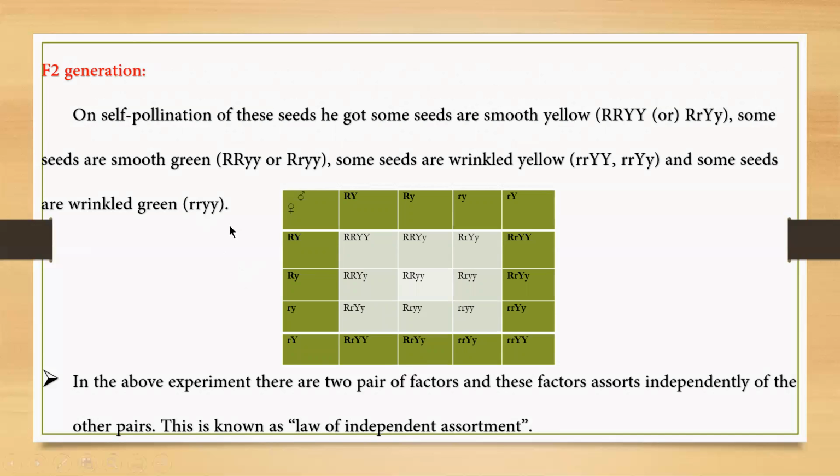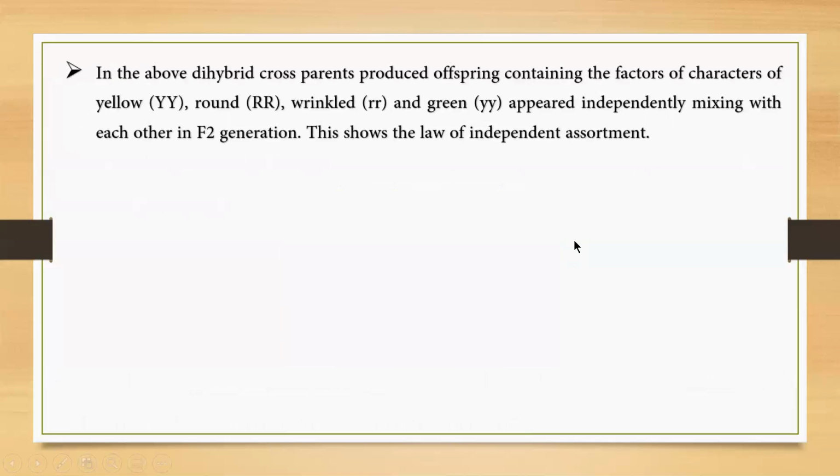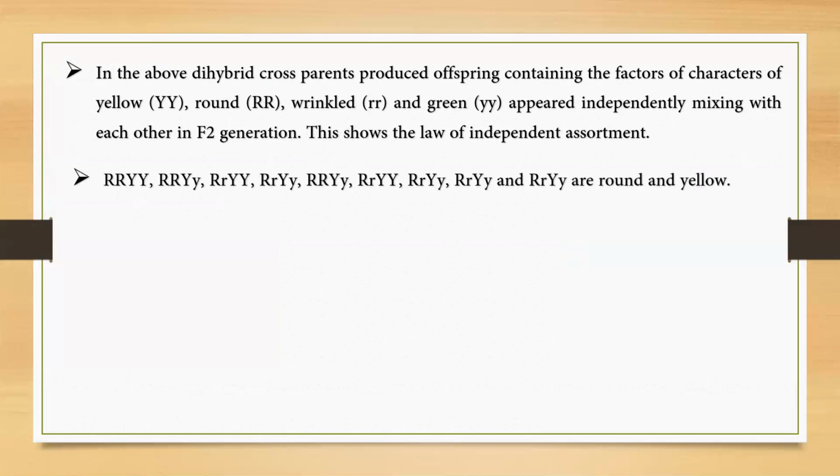In the F2 generation, we take all the hybrid plants, which have the same types of gametes. These gametes fuse and form new offspring.